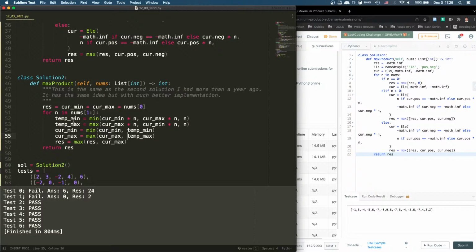Oh, aren't these already current max? Yeah, this is already current max. I don't have to do this again. Yes, because the temp max is minus 2, but the current max is already.